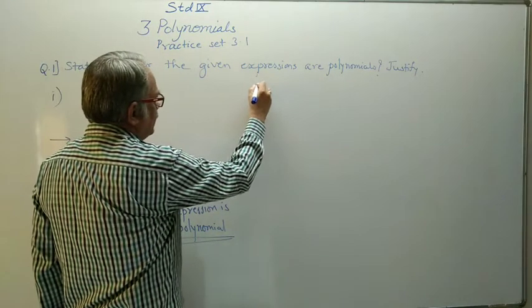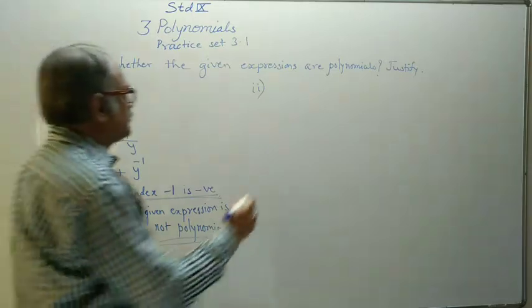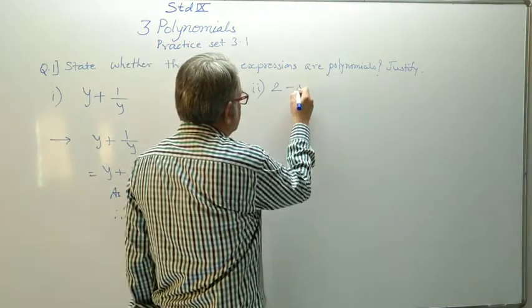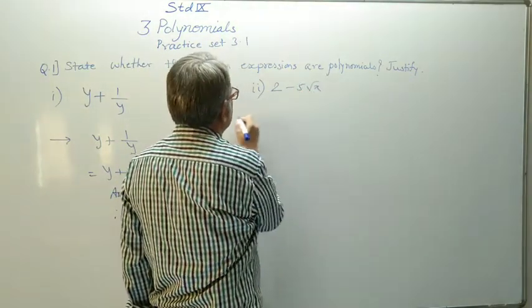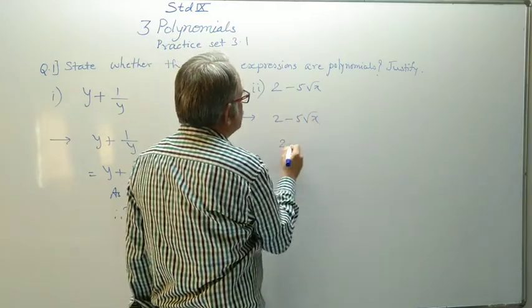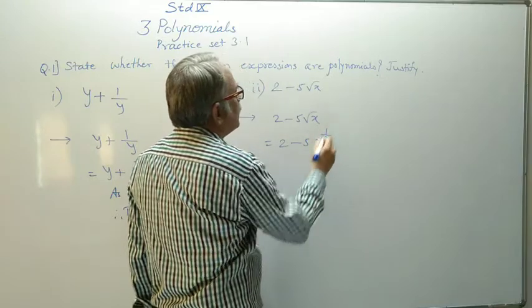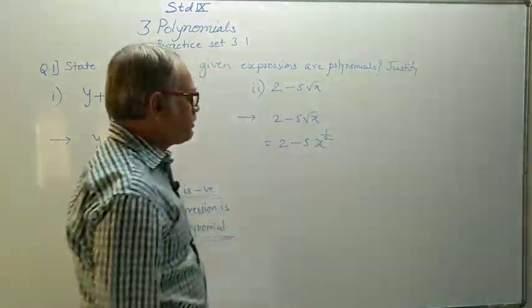Now the second, 2 minus 5 root x can be written as 2 minus 5x raised to half. It is not an integer, it is a fraction.